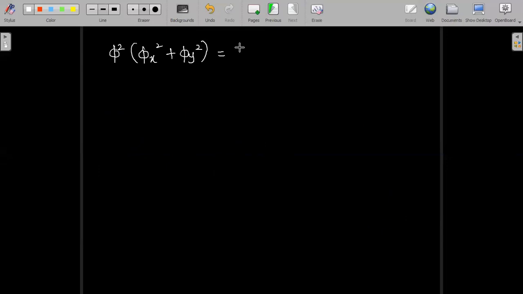Right hand side it was ux square plus vx square. I'm sorry, let me just check that.